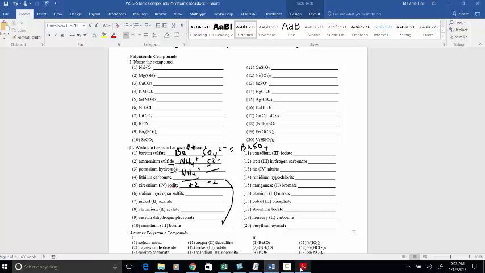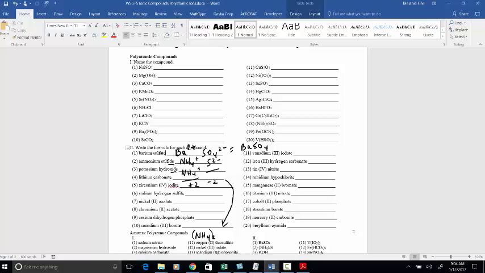So the formula is NH4, but there are 2 of them. So if I write the 2 here, there's something a little awkward. It doesn't apply to the whole thing. So in order to show that I have 2 ammonium ions, I need to put parentheses around the polyatomic ion and put the 2 just outside of it.